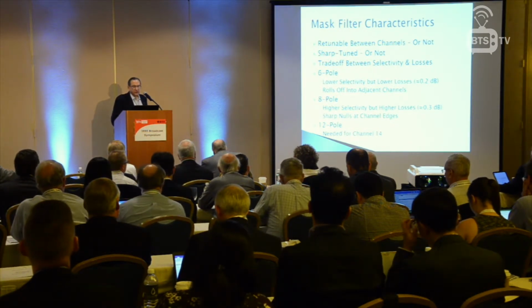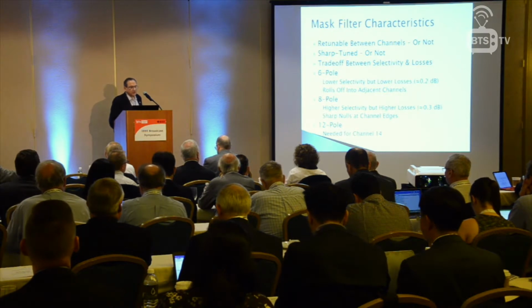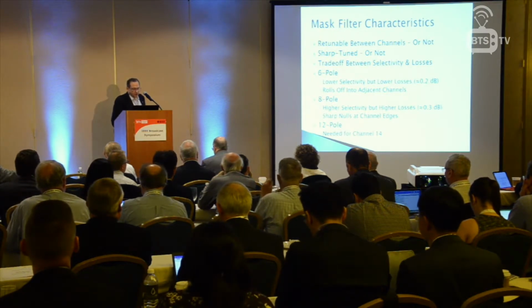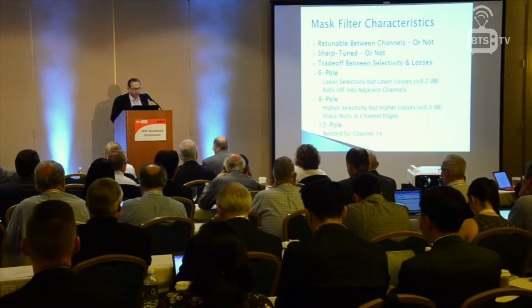The 6-pole filter tends to roll off into the adjacent channels, and we'll see that in a bit. The 8-pole filter, on the other hand, has higher selectivity, but also slightly higher losses. The difference is about 1/10 of a dB. An 8-pole filter has sharp nulls at the channel edges, as we'll see. And a 12-pole filter, we'll talk more about that when we get to talking about channel 14.